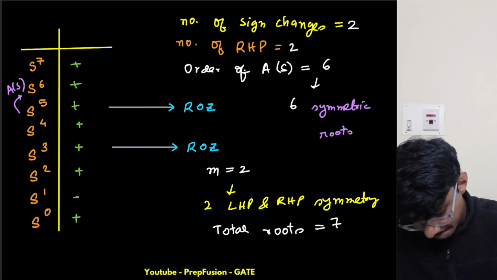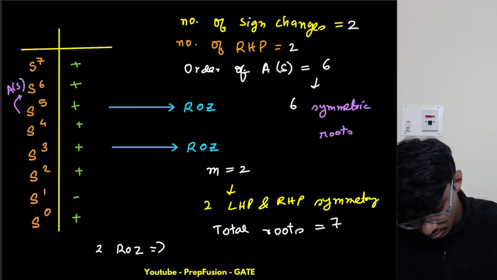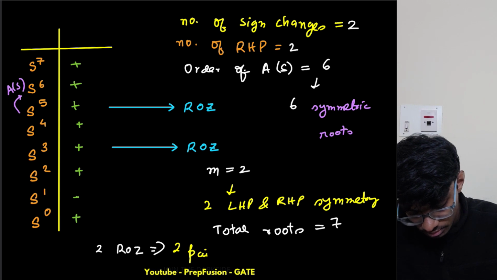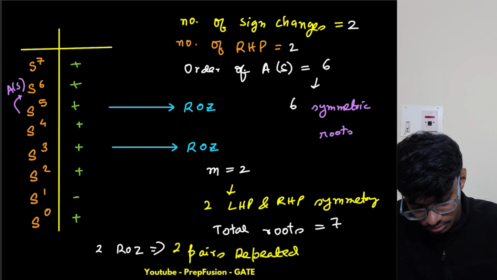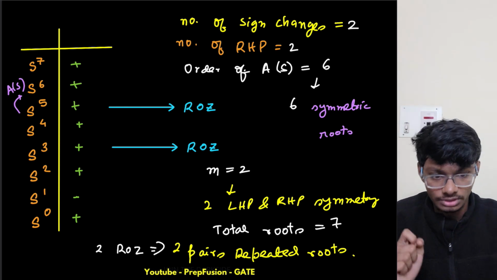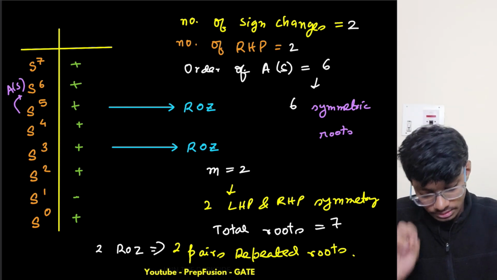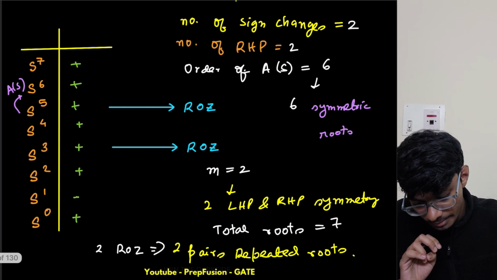So I will have 2 pairs of repeated roots. What is m equal to? M is the same, m is equal to 2.